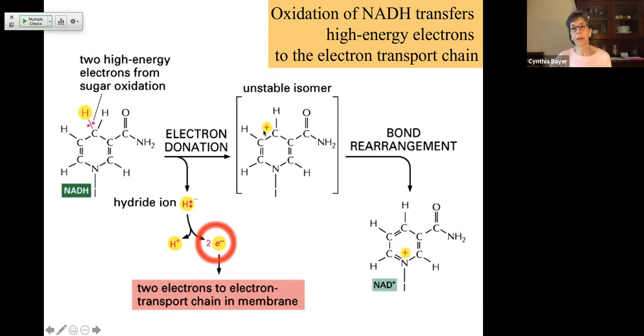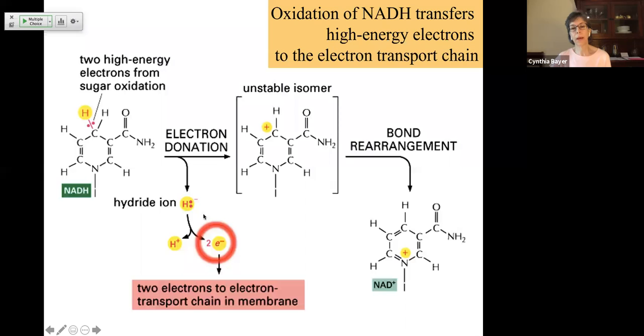That's very unstable and will almost immediately be converted to the final, more stable oxidized form, NAD+, in which, by the rearrangement of those bonds between the carbons and the nitrogen, the nitrogen becomes positively charged. So what we're seeing is the transfer of electrons: those 2 electrons in the bond shared by this hydrogen and this carbon are removed.